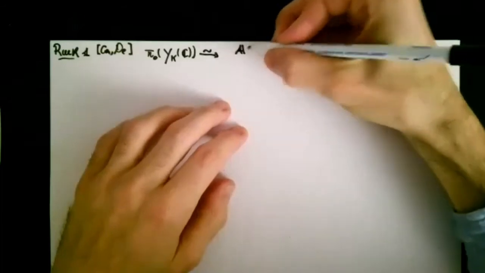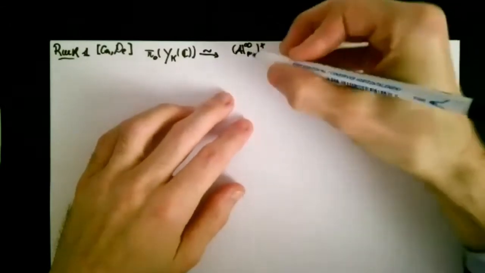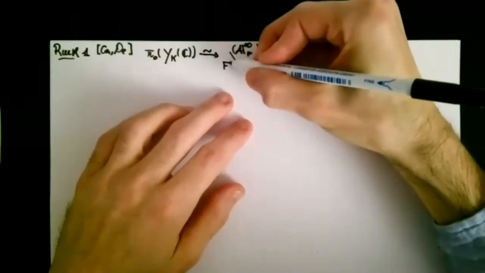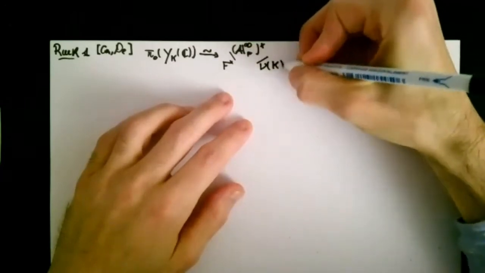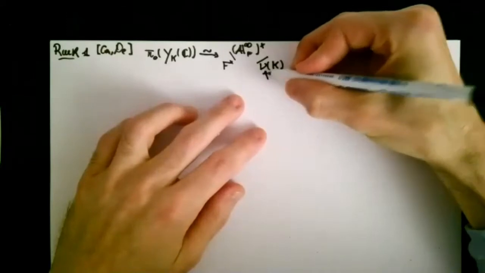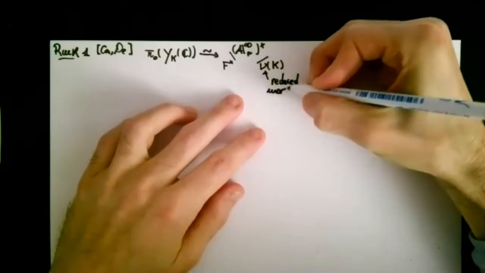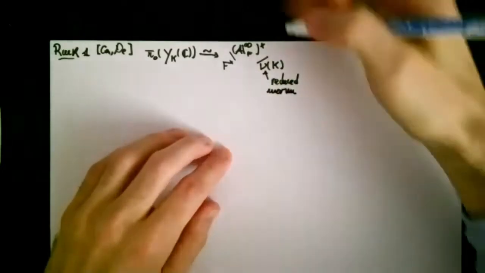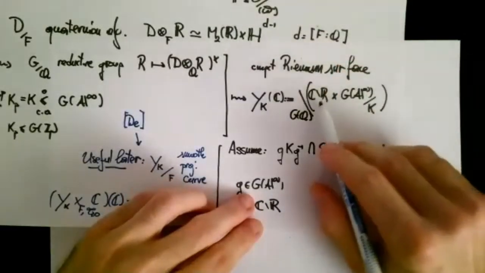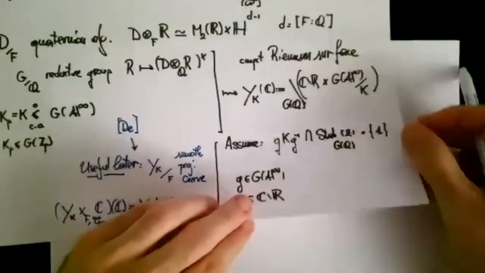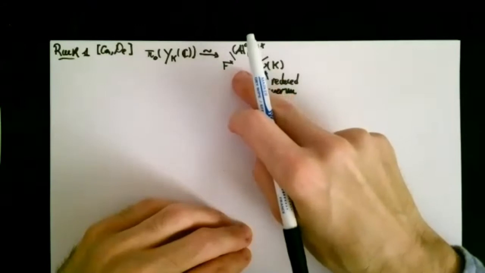With the finite adelic points. Here I quotient out by F, and here I quotient out by the image of K via the reduced norm. So this is the reduced norm. Because in fact, we can write this as a disjoint union of arithmetic quotients of the upper half space, parametrized by this set.